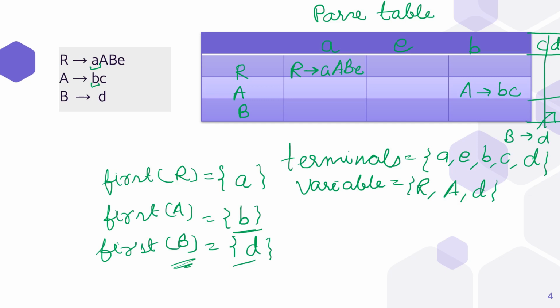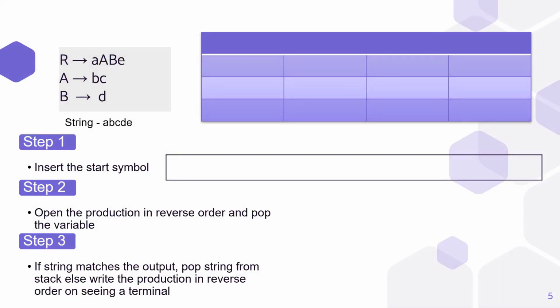So this is how we create a parse table, and we put the values of productions based on the first and follow values. Now let me fill the parse table, and then we would move on to the next step.